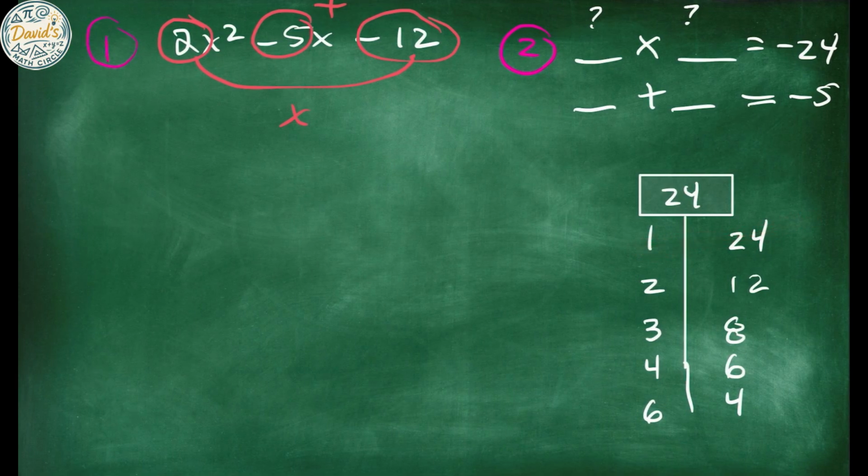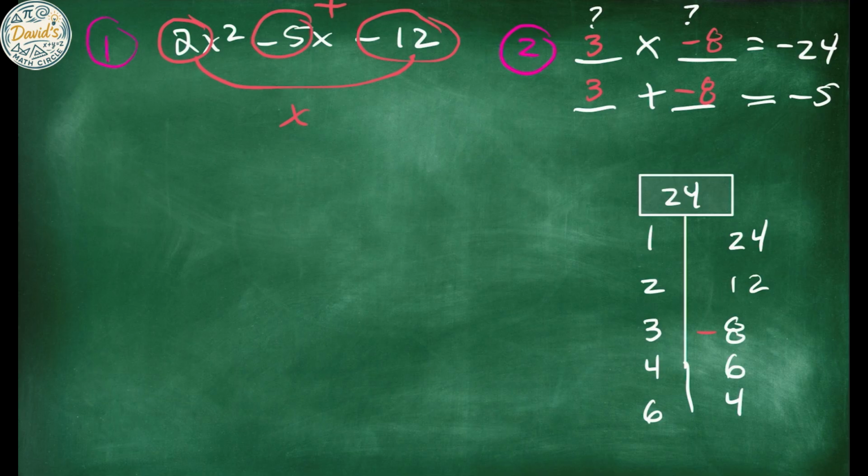But here, I can choose minus 8 and 3. If I add them up, I obtain minus 5, and if I multiply 3 and minus 8, I do obtain minus 24. So those are the numbers I was looking for: 3 and minus 8.